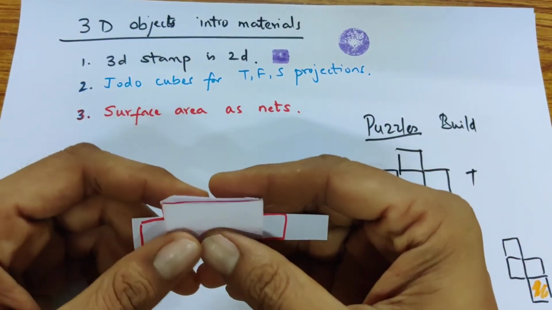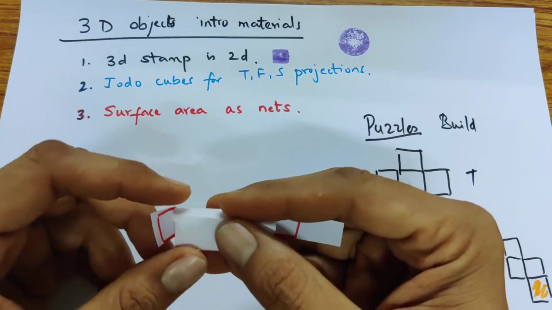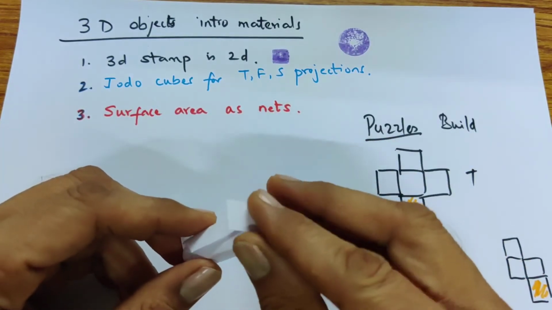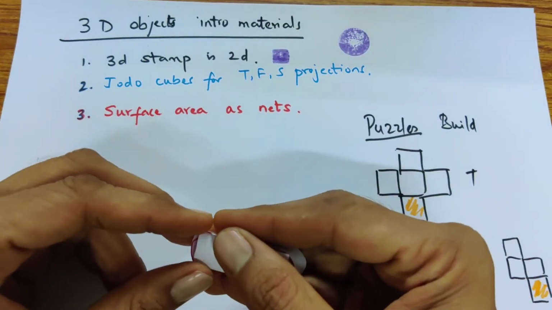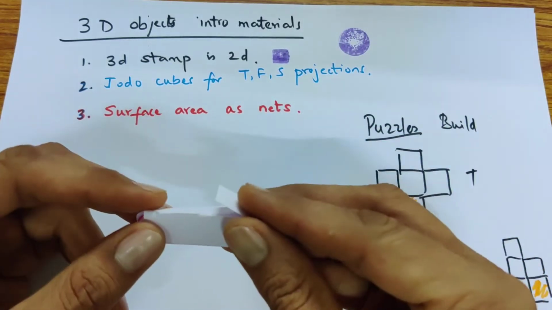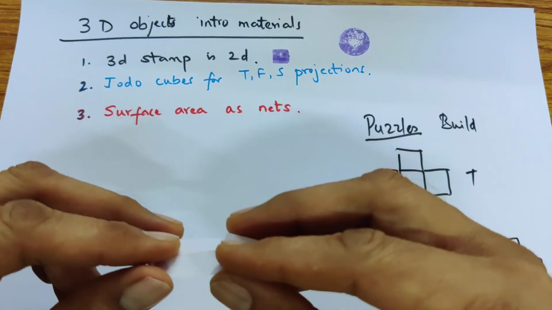You can even download them from the web, and you can create these nets and build these closed shapes. So children get an idea of the surface area that it takes to make these shapes. Surface area is actually the area of the 2D net that was used to create this 3D object.